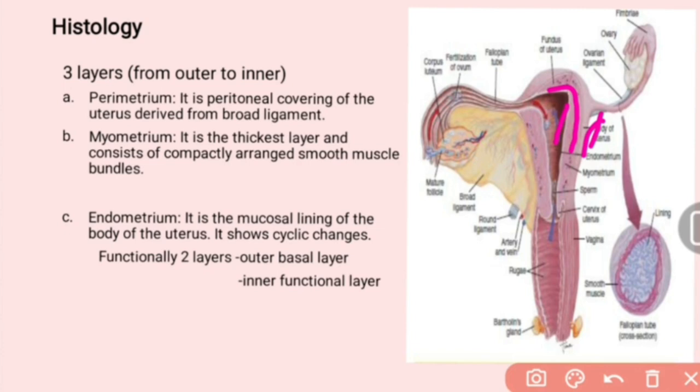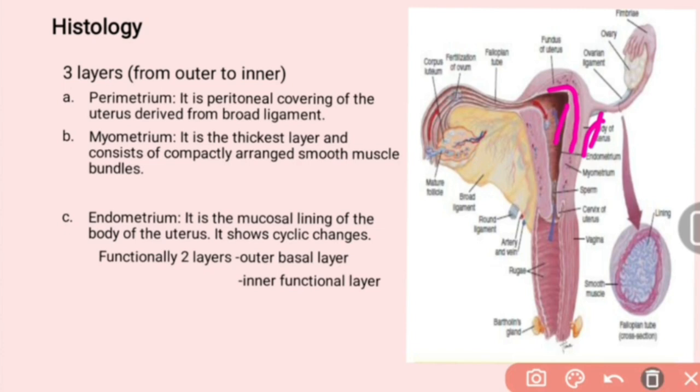The middle layer is most important because this interlacing layer, during parturition, remains in a crisscross manner and they contract and the vessels stop bleeding, and it acts as a living ligature and stops bleeding after parturition. And the inner circular layer forms the sphincter and helps to retain the product of conception.